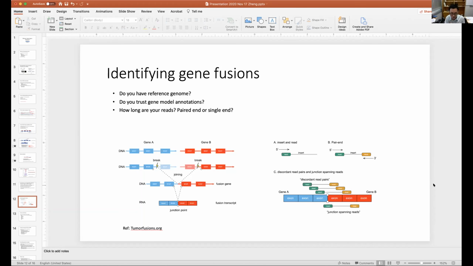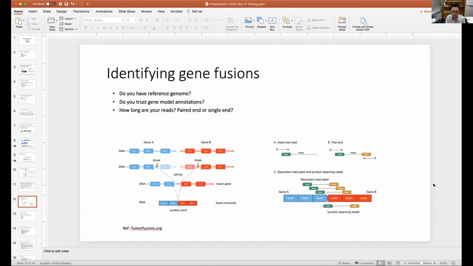Remember, I said in the previous slide that some of the abnormalities you see in the RNA sequencing are actually indications of gene fusions. So you can apply this rationale to fusion identification. The first evidence of gene fusion comes from what we call discordant read pairs.